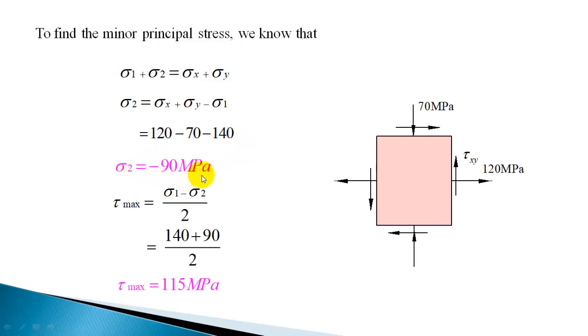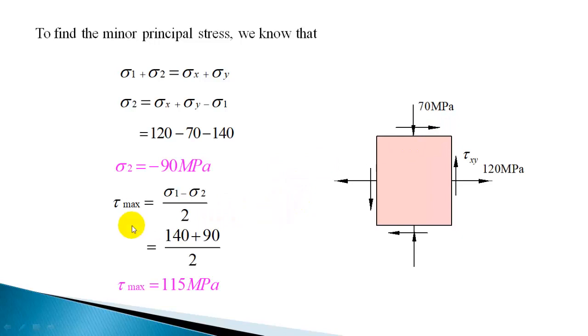So second principal stress is compressive, minus 90 megapascal. Whenever you have a compressive stress, one of the principal stress should be compressive. So you have tensile and compressive. One of the principal stress should be maximum tensile, and another principal stress should be maximum compressive.